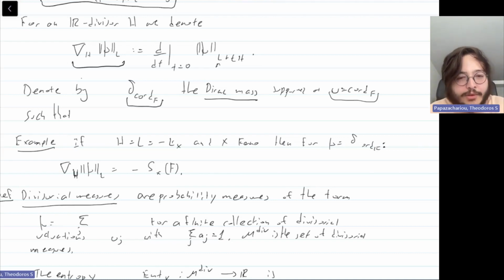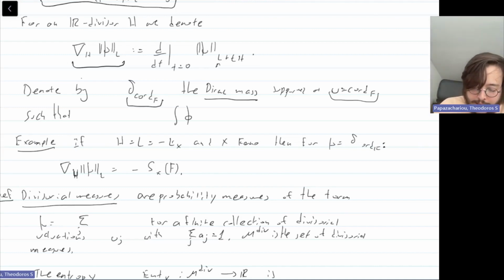This is essentially the Dirac distribution of this divisorial valuation. More formally, I want this to be 1 if f of v doesn't vanish.